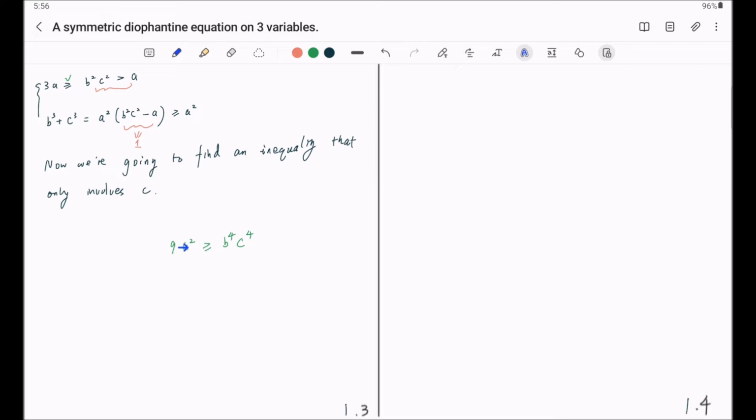In order to get rid of this a, we look at this inequality. This inequality will give us that 9a squared is less than or equal to 9 times b cubed plus c cubed.